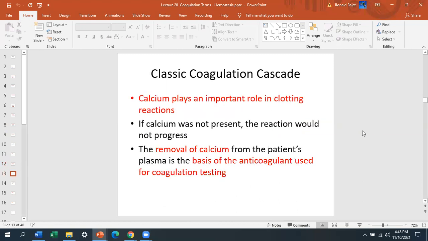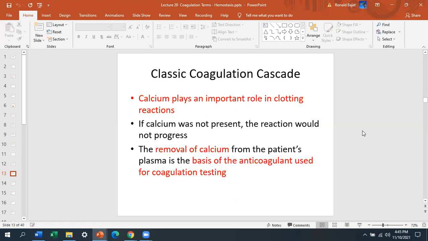Okay, calcium, as I went through in the test, plays an important role in the clotting reactions. If you take calcium away, you're not going to form a clot. That's why you have those tubes, the EDTA, the sodium citrate, the lithium, all of those. They take away calcium. For coagulation, with the sodium citrate, you replace the calcium when you run the test, and then you measure how long it takes to form a clot.